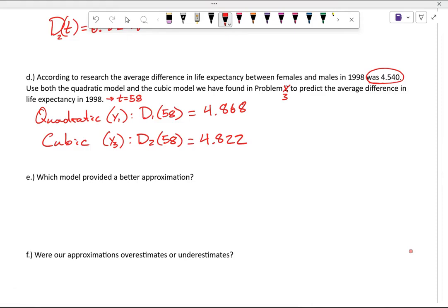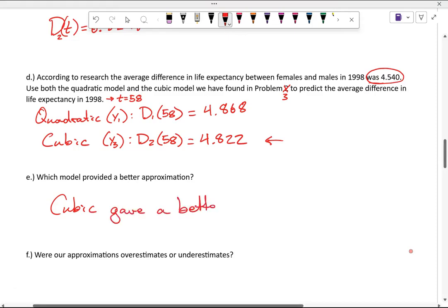And it looks like the cubic gave a slightly better approximation. Not by much, but ever so slight, that's what we want. So the cubic gave a better approximation.